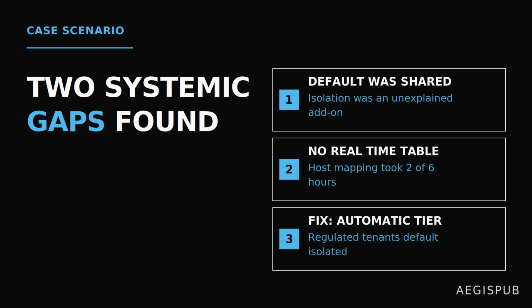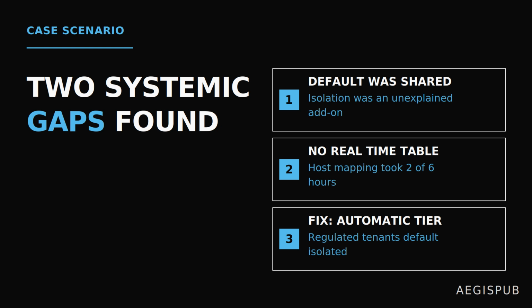The technical default was shared hosting, which is also the default that maximizes the number of common mechanisms in the platform. The recommendation from the review is to restructure the onboarding conversation so that customers who have regulatory isolation requirements are identified at onboarding and automatically placed on dedicated hosting, with the cost reflected in their tier rather than as an add-on that can be declined.